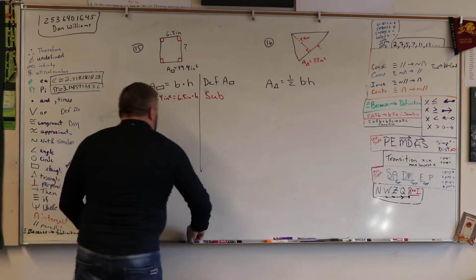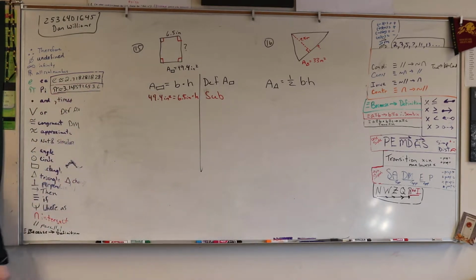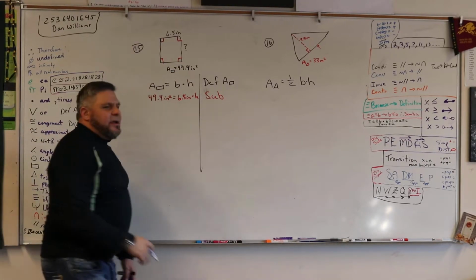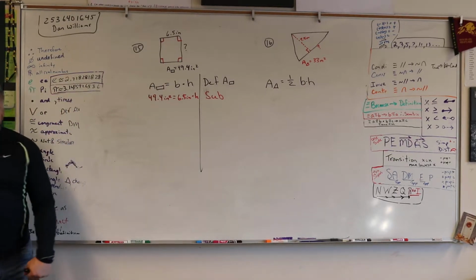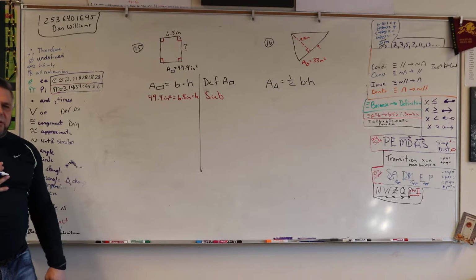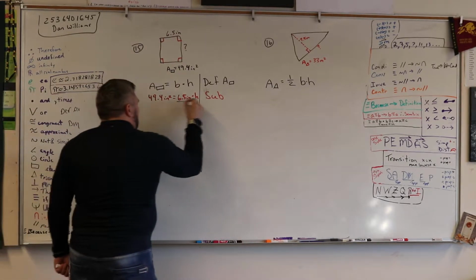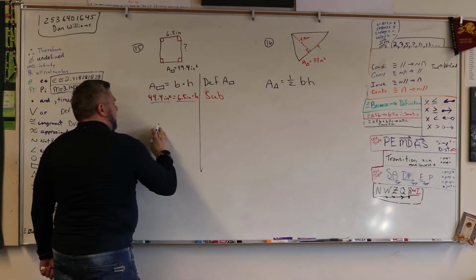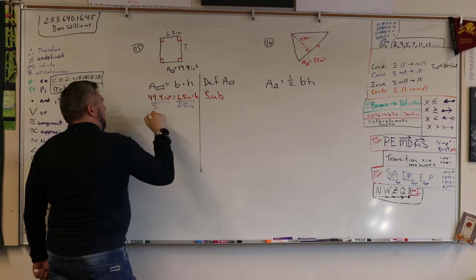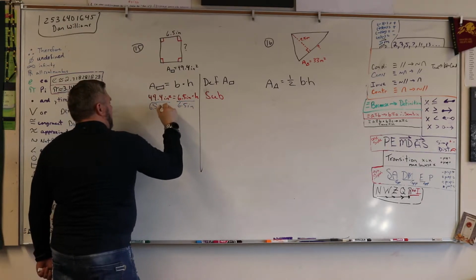And then what are we going to do? Solve: subtraction, addition, or division, multiplication, right? But what do we call it? We call it, oh, division property of equality.